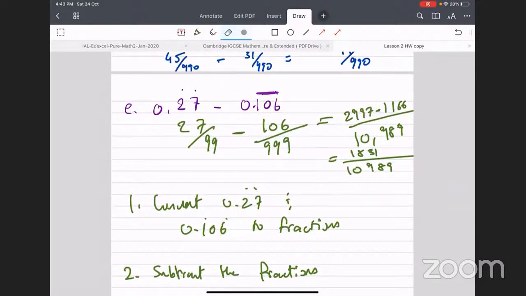Then 106 bar would be 106 over 999. So in order to subtract them, I have to have a common denominator. So I got the common denominator, which is this number. Then I subtracted the numerators, and that was the answer. Okay, good.